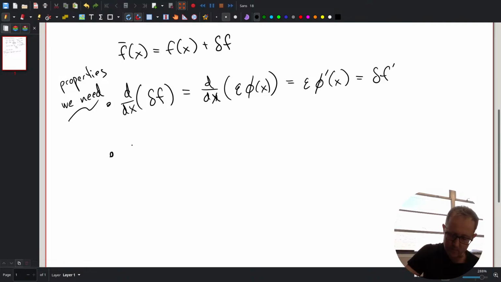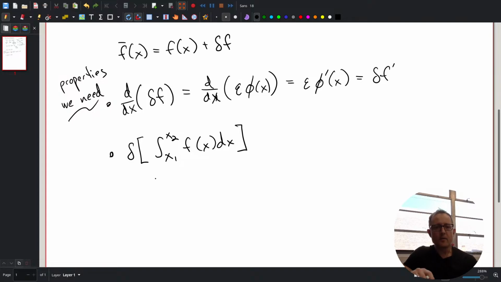Then the other one would be integrals. So if I'm trying to take a small change from an integral, like y of x, let's call it f of x.